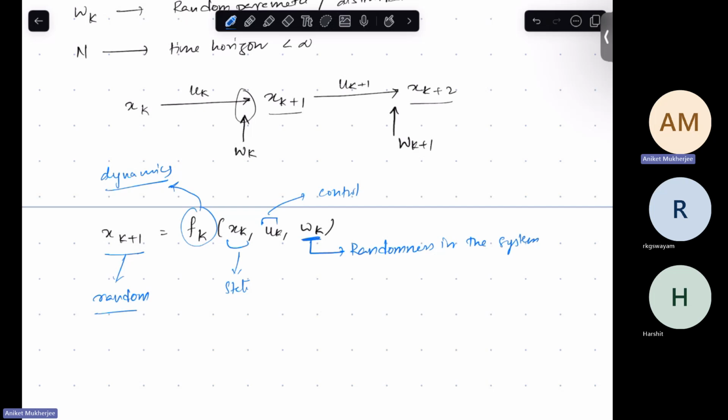Either you know the dynamics or you know some statistics of the dynamics. If you know them, then what decision you will take is what is stochastic control. I hope the relation is clear, like what learning is and what stochastic control is. Stochastic control is you either know the dynamics or you have some estimate of what the dynamics are.